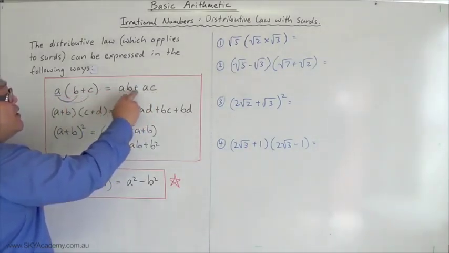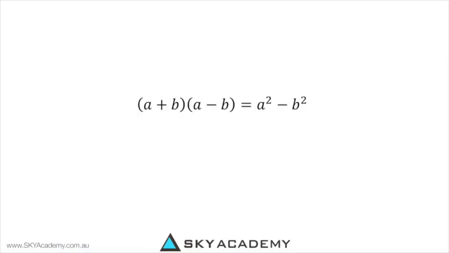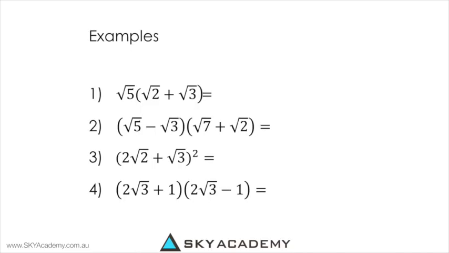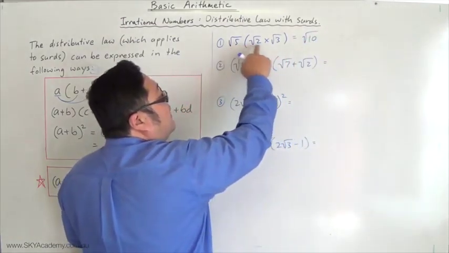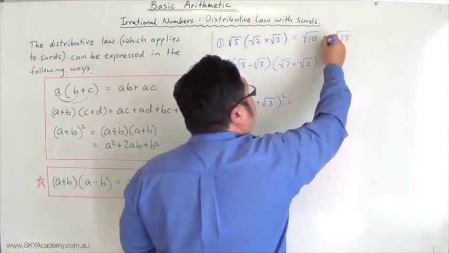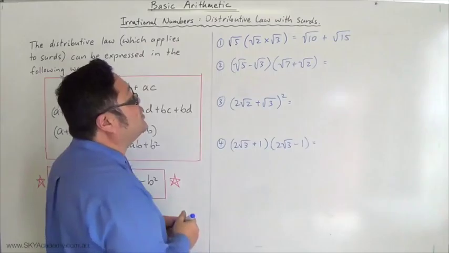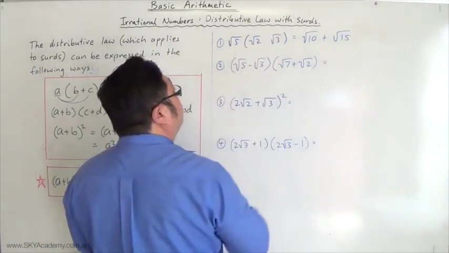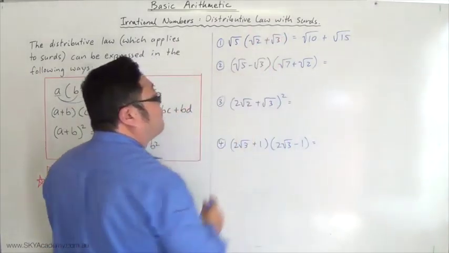You preserve the sign, and that is how you use the distributive law. So let's look at this first example. The square root of 5 times the square root of 2 gives you the square root of 10. The square root of 5 times the square root of 3 gives you the square root of 15. And you add them together. That should be a plus, not a times, you add them together.